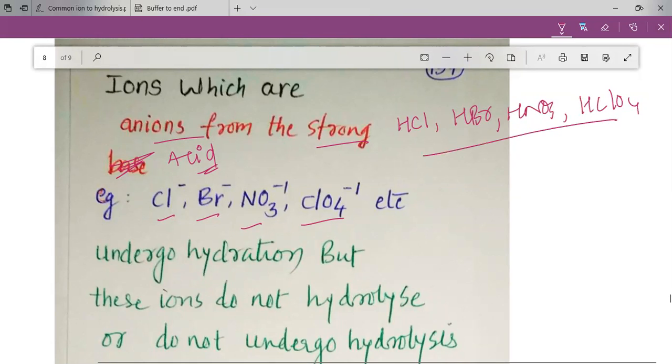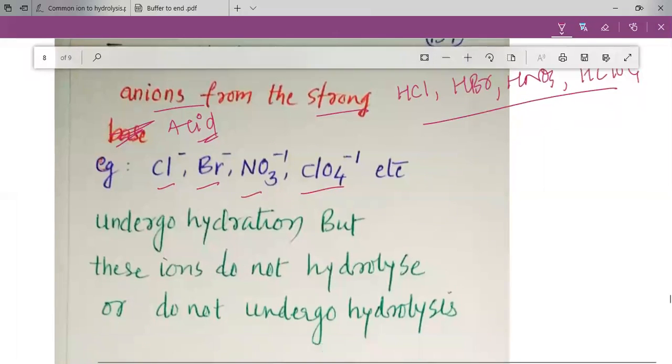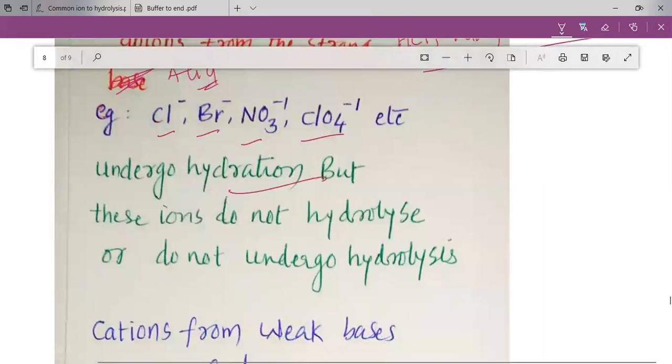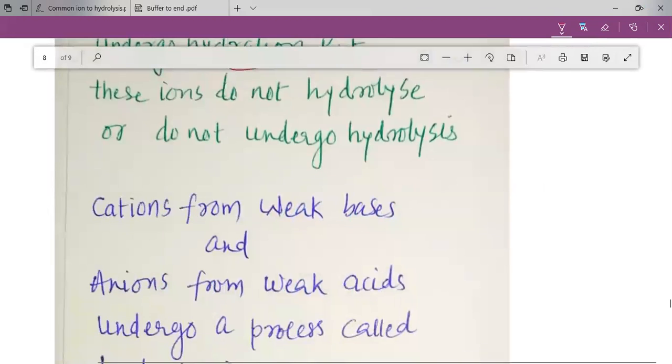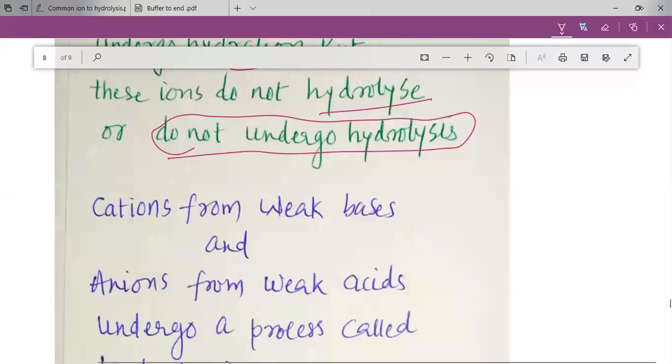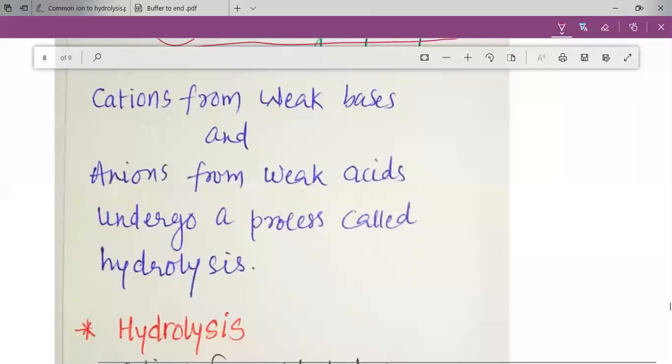So these are the ions. Ions coming from the strong acids undergo hydration, but these ions do not hydrolyze or do not undergo the process of hydrolysis. So my dear students, the cation coming from the strong base and anions coming from the strong acids, they do not undergo the process of hydrolysis.